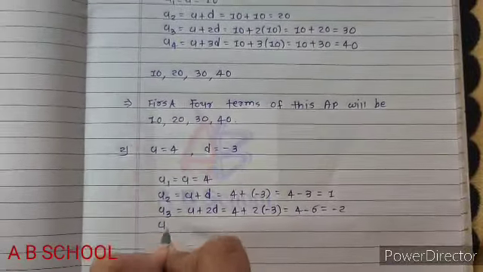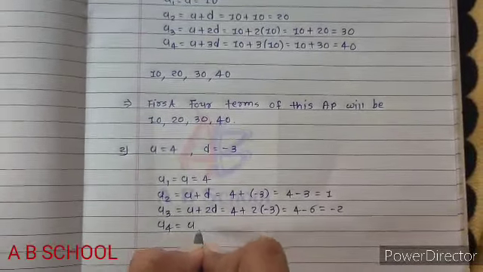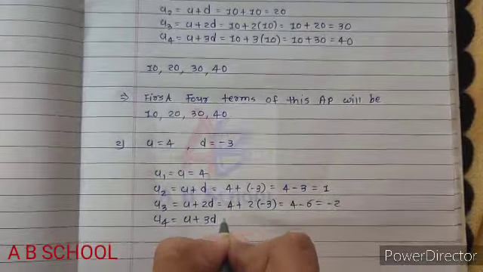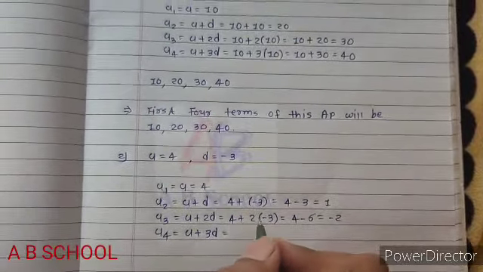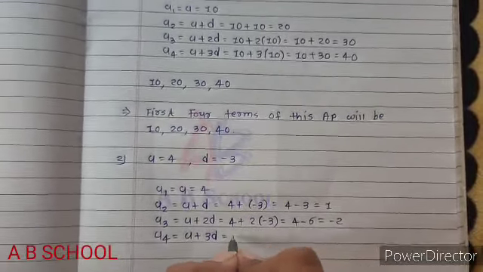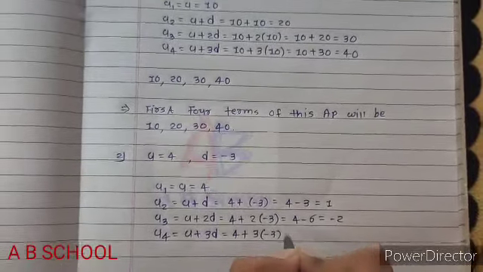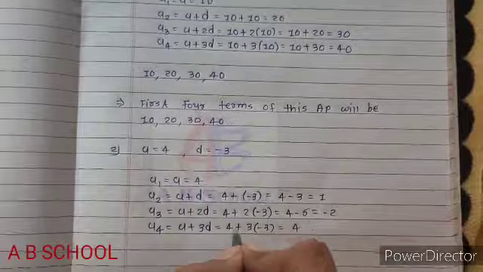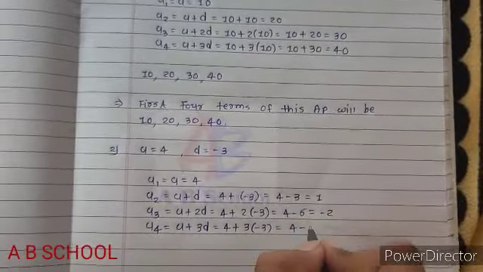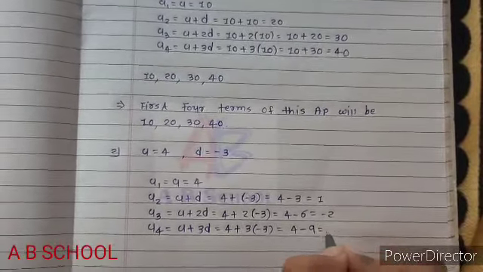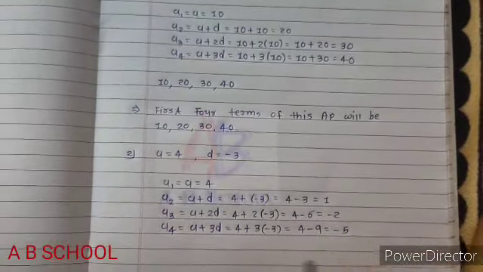Now for A4, A4 is equal to A plus 3D. The value of A, that means the first term of the AP, is equal to 4 plus 3 times the common difference D, which is minus 3. 3 threes are 9. 4 minus 9 is equal to minus 5.